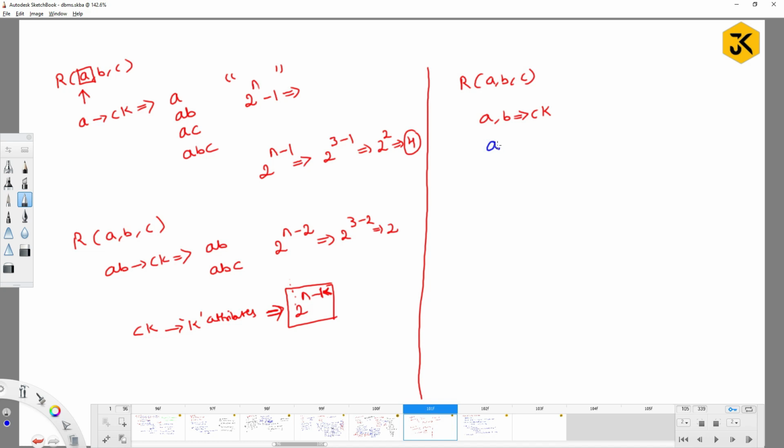One is A. With the help of A as a candidate key, how many super keys are possible? A, AB, ABC and AC. And with the help of B, B, BA, BC, ABC. So here you are going to have some common things, right? So you have to discard those. You have to consider them only one time. Then how can you do that?